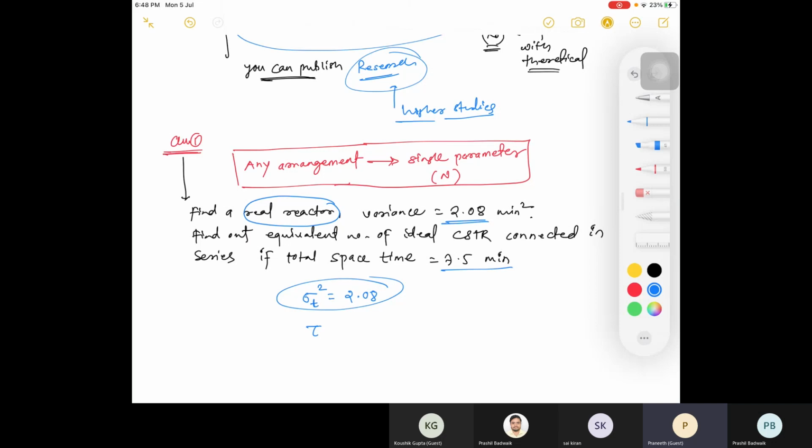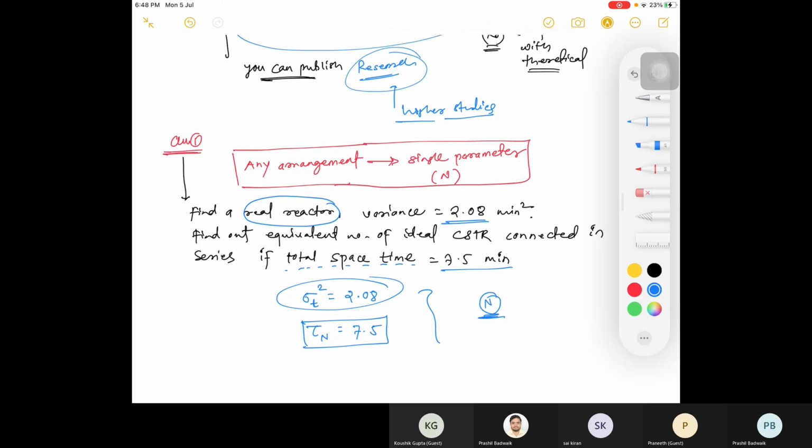Tau n, the total space time of that arrangement. And total space time is your tau n. Clear? Yes, sir.